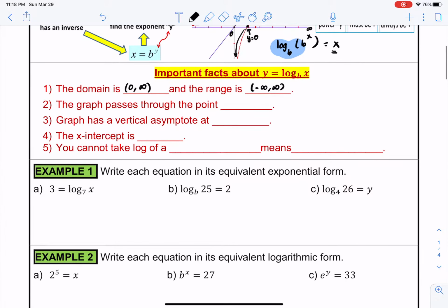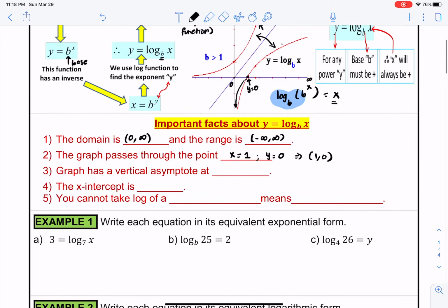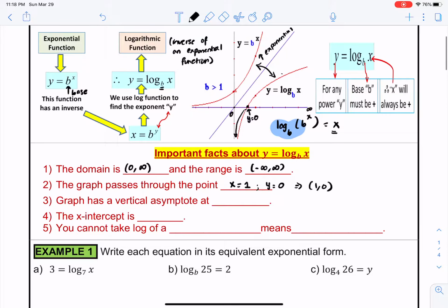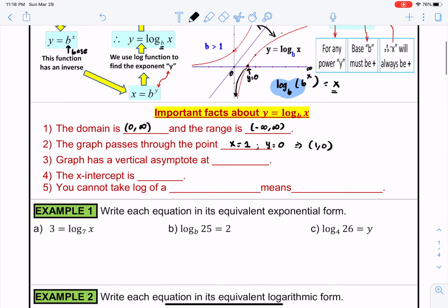The graph of a logarithmic function, base b, would pass through the point x is equal to 1, and the corresponding value of y is 0, so the point is (1, 0). The graph has a vertical asymptote at x is equal to 0.